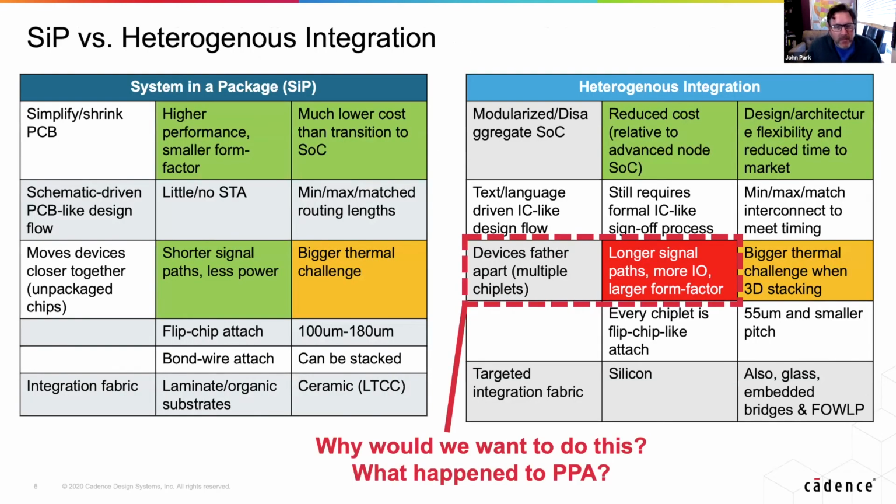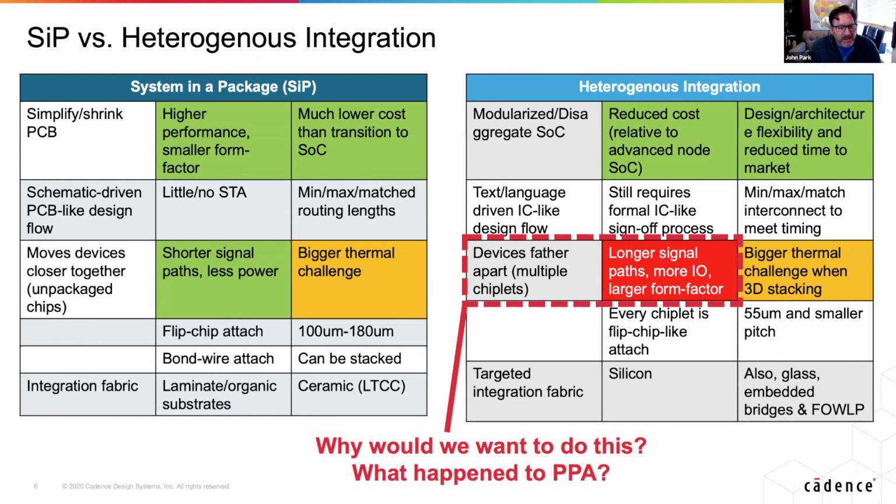So here's a little summary slide of SiP versus heterogeneous integration. On the left is system in package, and as I said, it's really about the simplification and performance improvements of a PCB. You're taking things out of their packages and integrating them onto a single device. You can place them closer together, and you have less power and shorter signal paths, so you can improve performance.